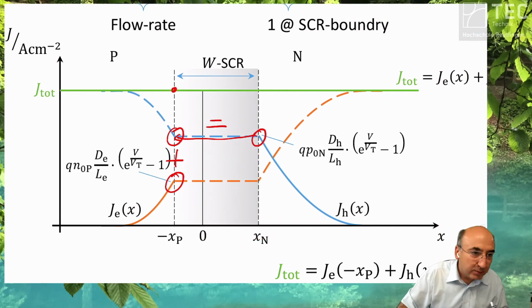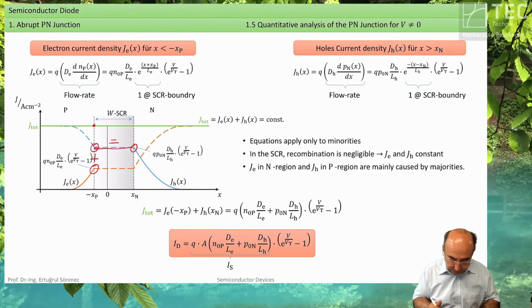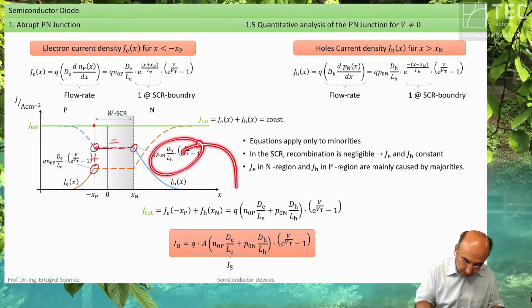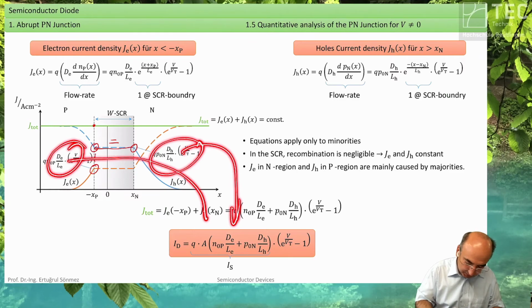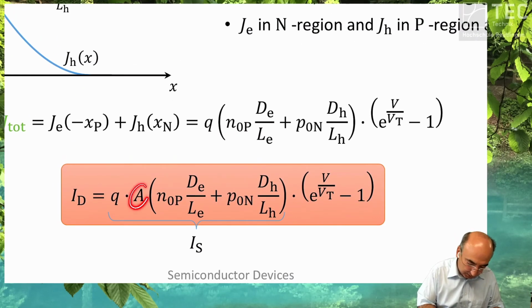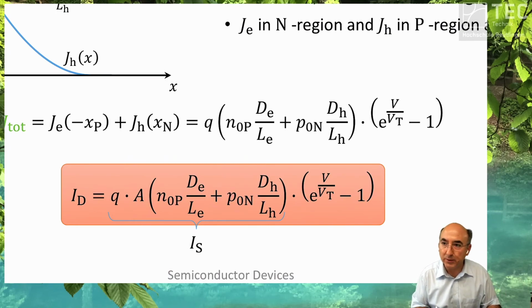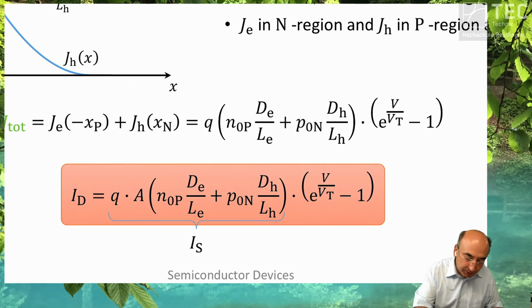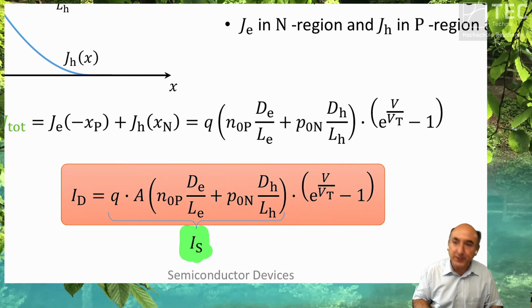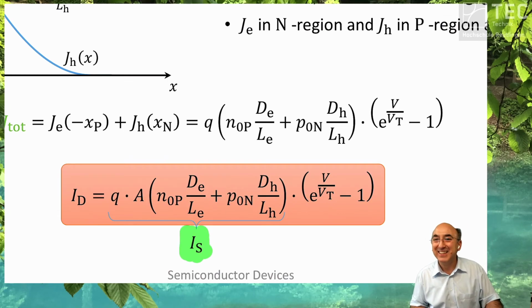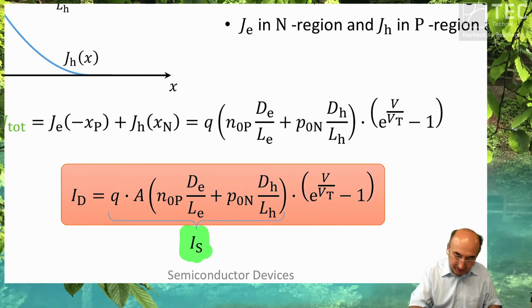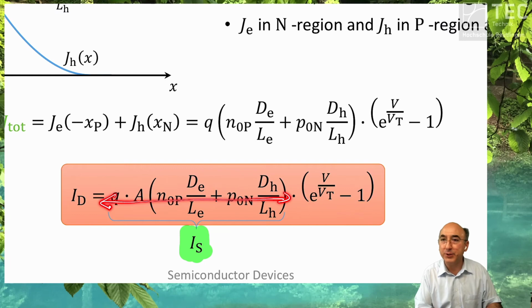Let's go back to the slides. Now we have the sum of this value, and the sum of this value is the total current times the area. And this equation we have just taken a look at in the spreadsheet. And what you know as a saturation current, IS, is now this complete current equation.